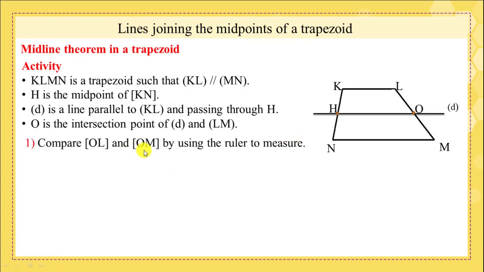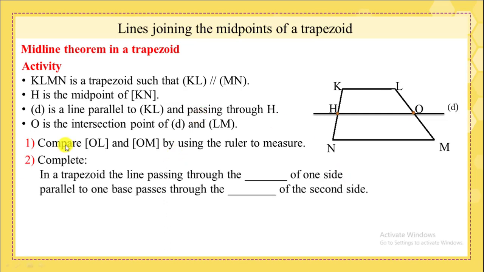Compare OL and OM by using the ruler to measure. 2. Complete: in a trapezoid the line passing through the of one side parallel to one base passes through the of the second side. Please pause the video and try to solve the activity.